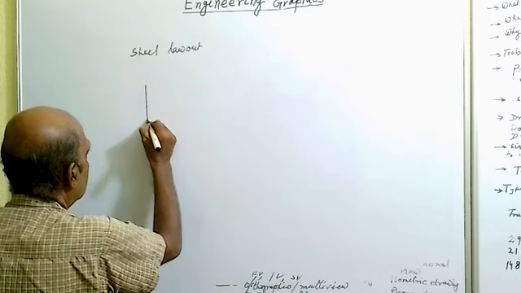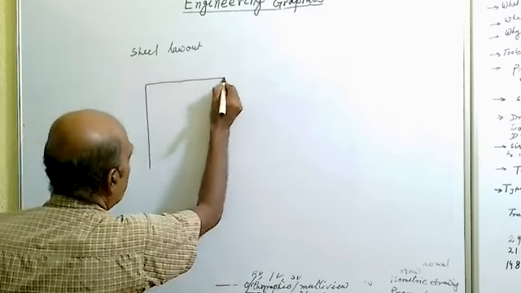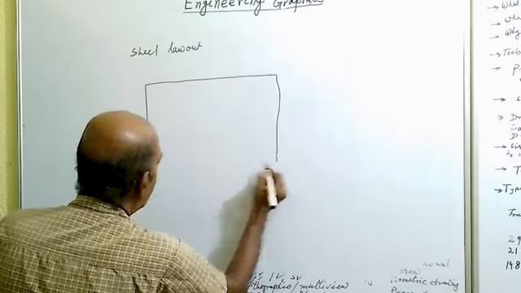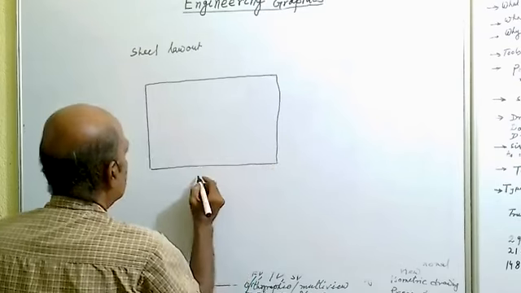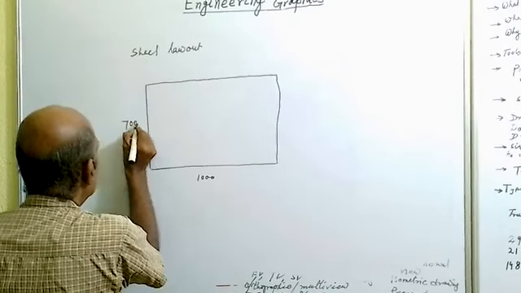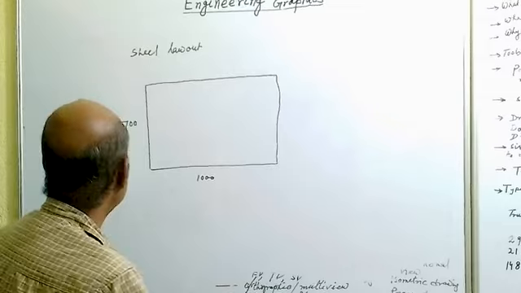So this is the drawing board, and the size of the board we have discussed now, 700 by 1000 millimeter. So length will be 1000 millimeter and the width will be 700 millimeter. That is D1 size board.